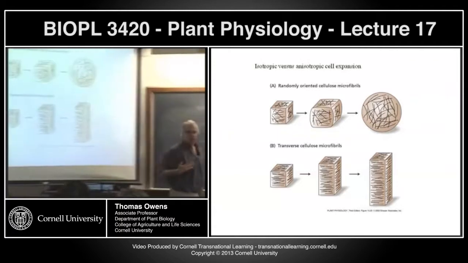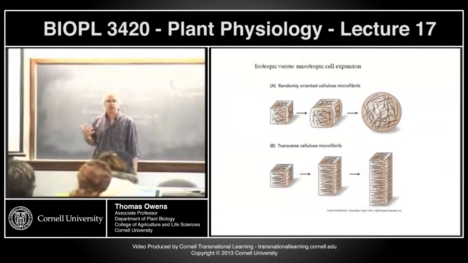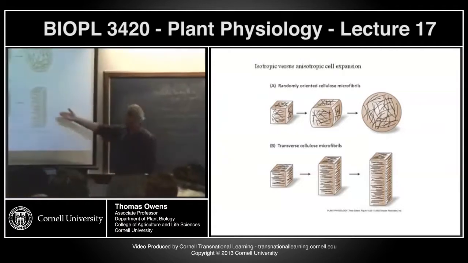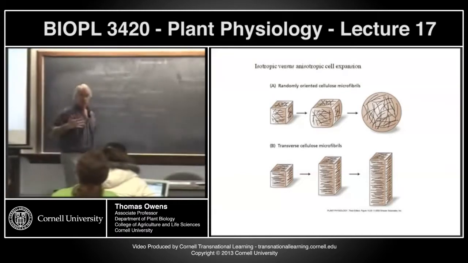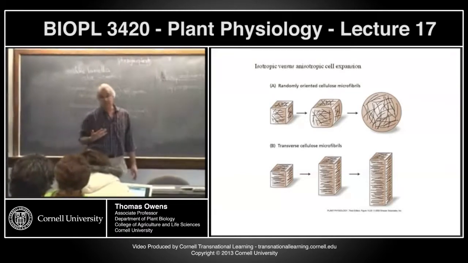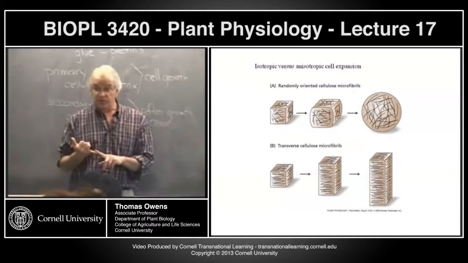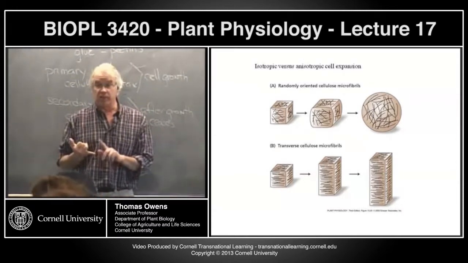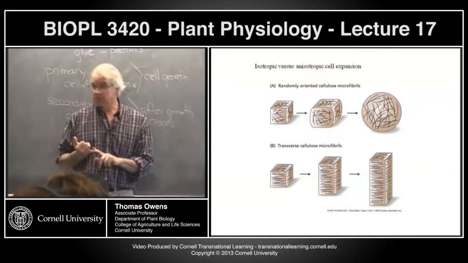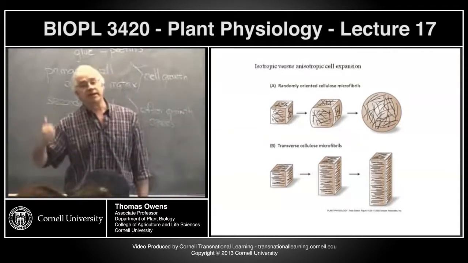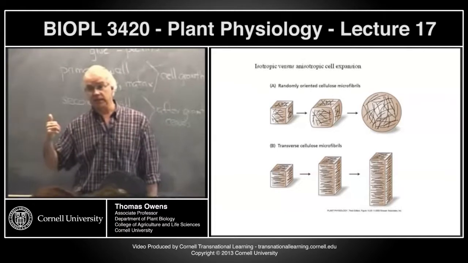That should be reasonably clear from the fact that the cellulose microfibrils themselves don't stretch easily, right? So whether we're talking about pressure-dependent reversible expansion or irreversible expansion associated with growth, the orientation of the cellulose microfibrils is the key thing.